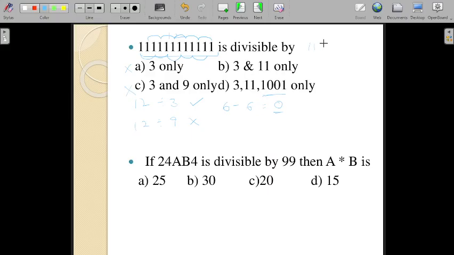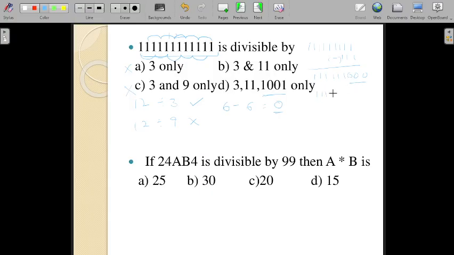What is the number? 1 1 1 1 1 1 1 1 1 1 1 1. Here the last 3 digits 1 1 1 are subtracted from the rest of the digits. What is the value? 1 1 1 1 1 1 0 0 0. Same thing, last 3 digits should be subtracted.